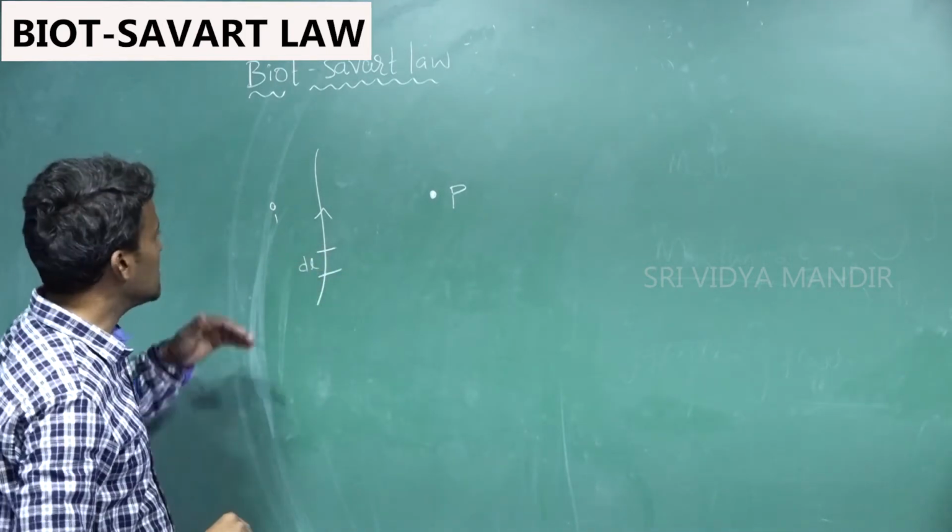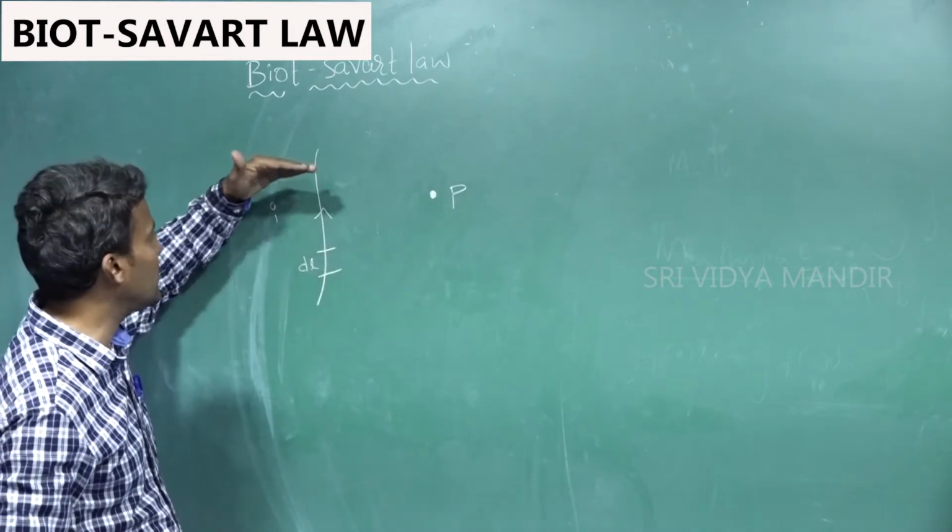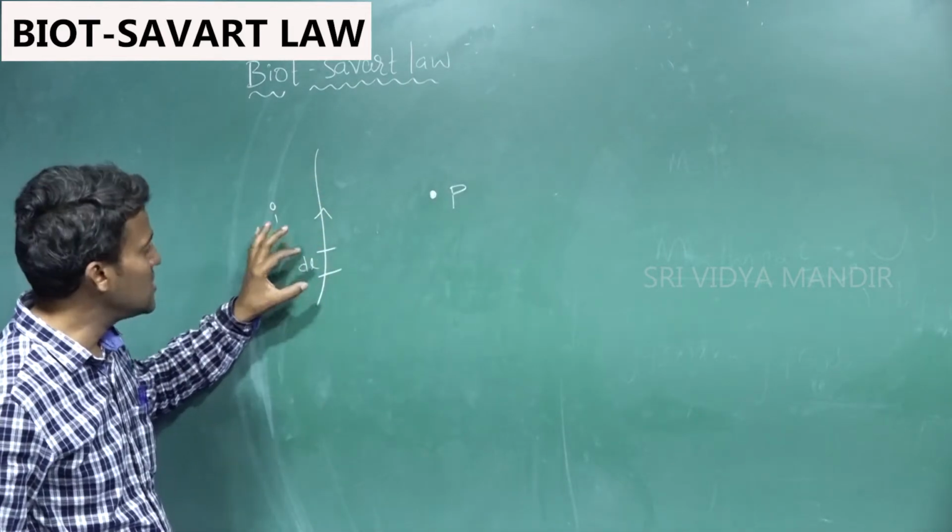We are dividing the total conductor into a number of equal elements. In that, I have taken one small element.